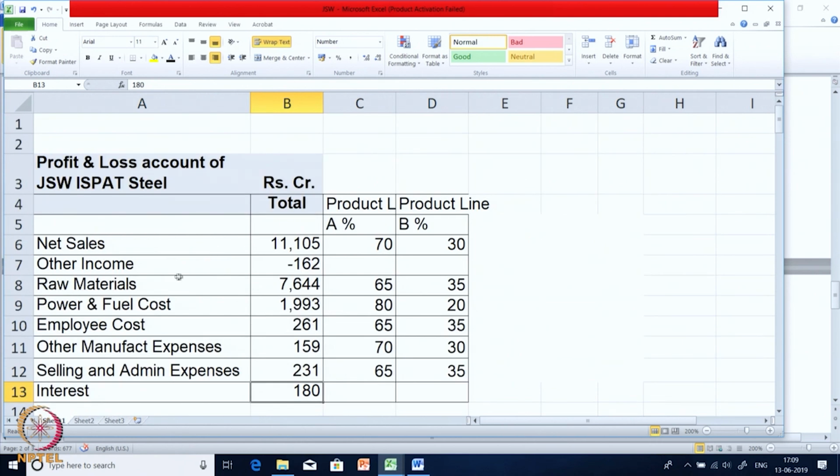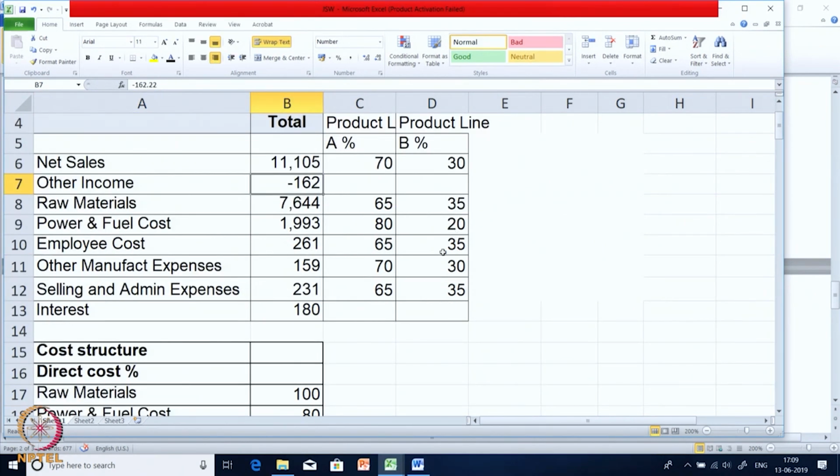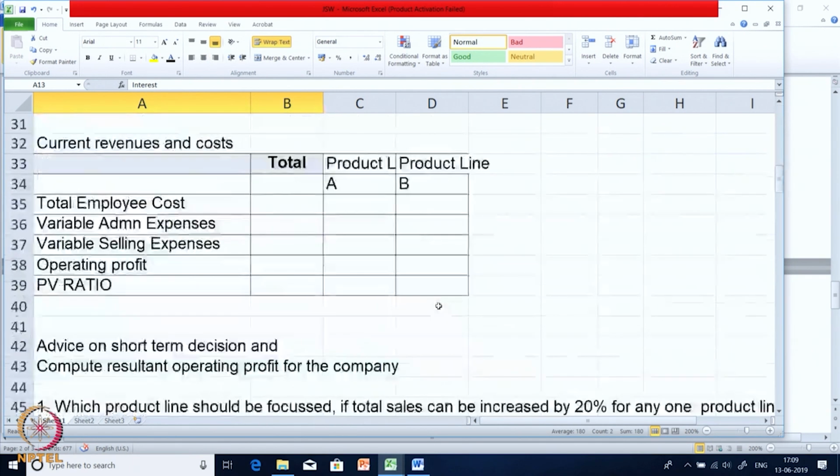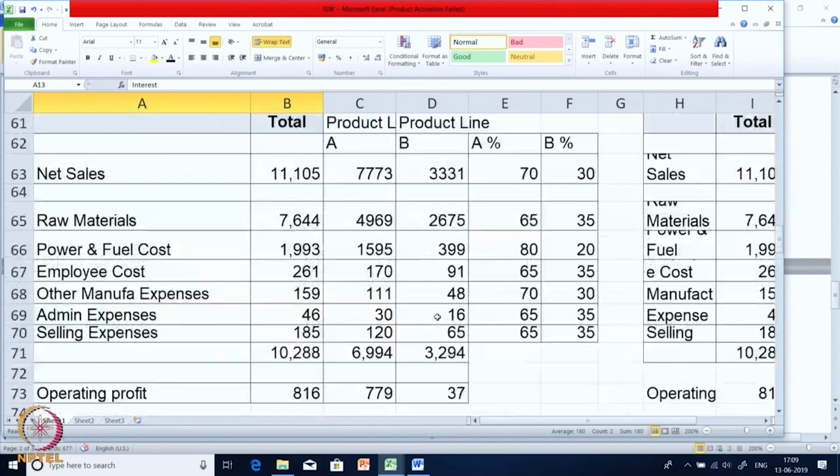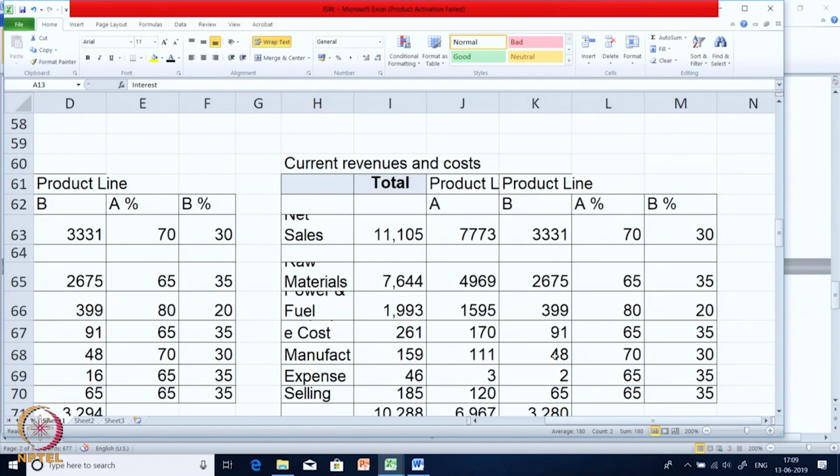Other income has nothing to do with operations, so please do not include it in cost calculation. Interest is a finance cost, so that is also not included in cost calculations, but the other cost calculations have been done. Have you got it? Any questions?